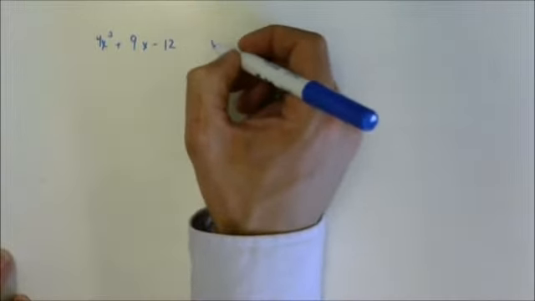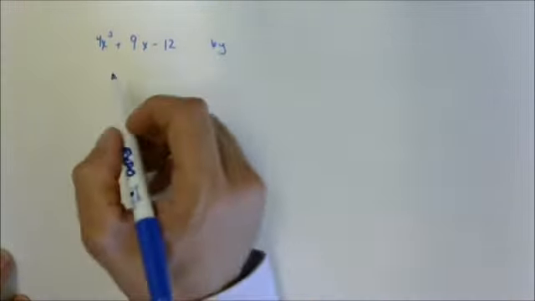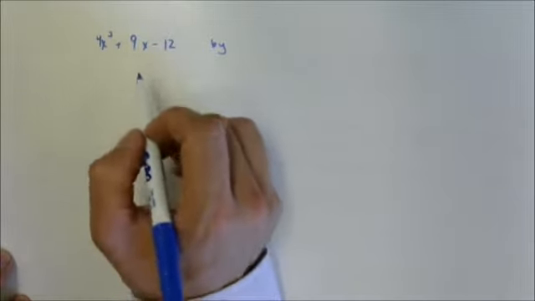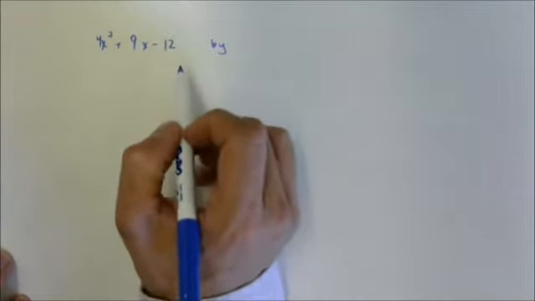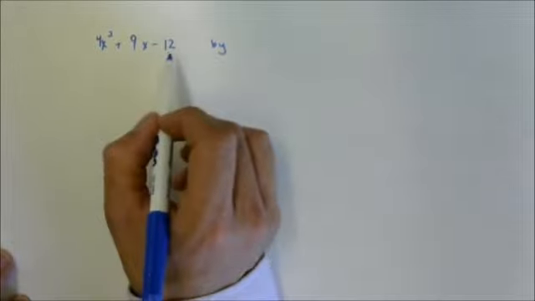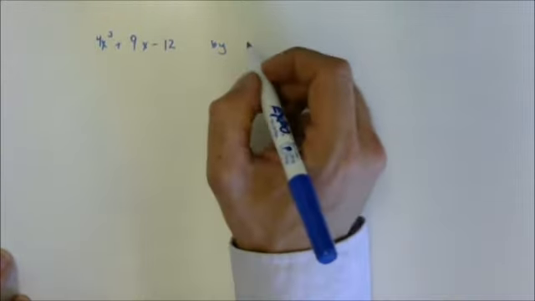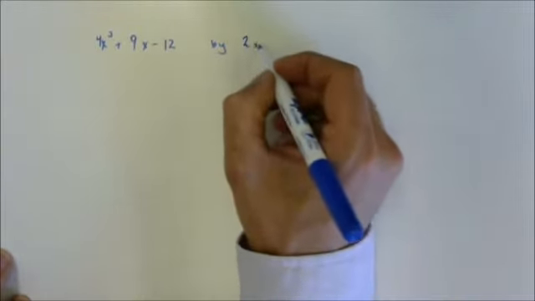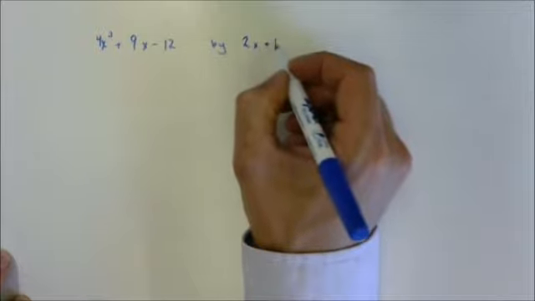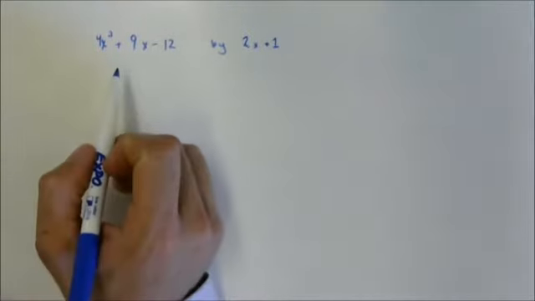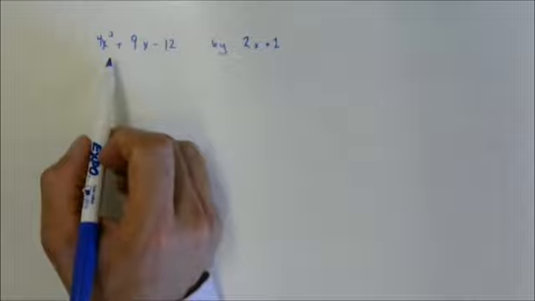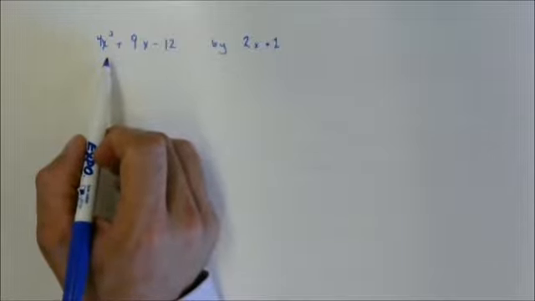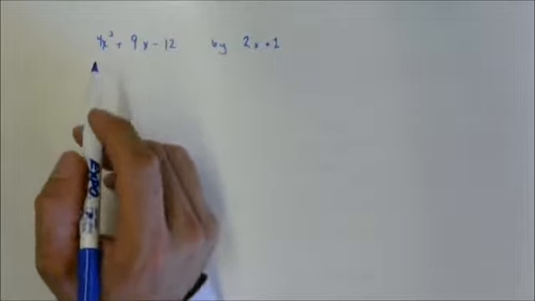Now you remember from the first example that we had to line up our x cubed terms and our x squared terms and our x terms and our constants. But what do you notice about this trinomial? There is no x squared term. So we actually need a placeholder.